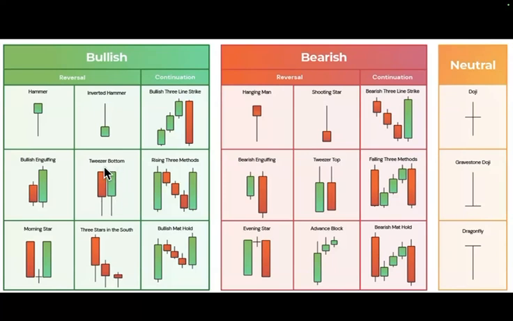But we have the tweezer bottoms, which is not necessarily just two candlesticks, but it's important to know that it's a two candlestick pattern, which forms again at the bottom of a downtrend, because these are reversals. This signifies that there's a potential reversal happening in the market, because this happened towards the bottom of a downtrend, meaning the price has been dropping for some time.